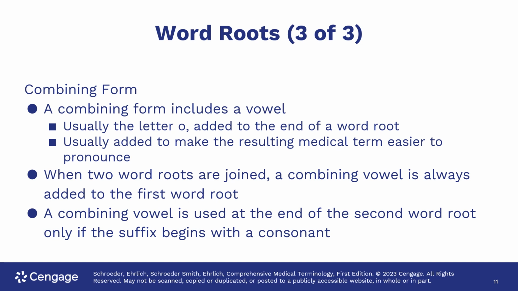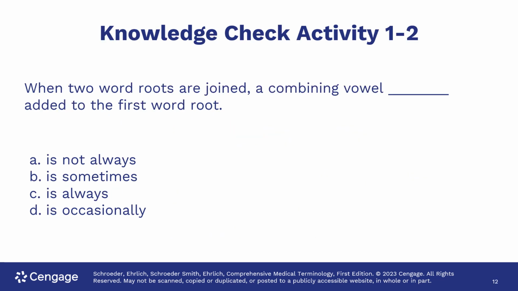But if the suffix doesn't start with a vowel, then you need to add the combining form or the vowel to give it a vowel. So if it doesn't have one, you just add it in. When two word roots are joined, a combining vowel is not always added to the first word root, is sometimes added, is always added, is occasionally added.